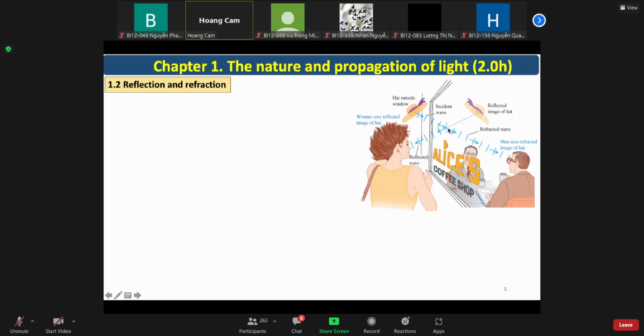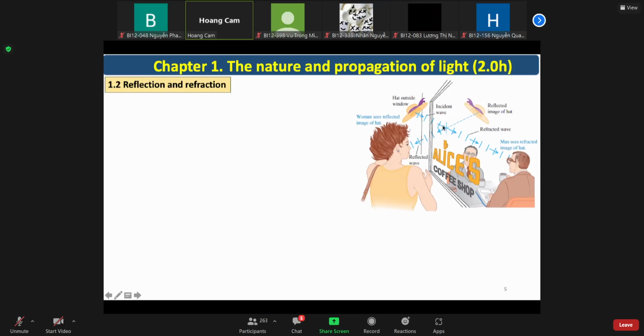So here we got the refracted wave, yes. And then this man sees the reflected image of the head. So it is what we look at in this situation for the reflection phenomenon and the refraction phenomenon as well.